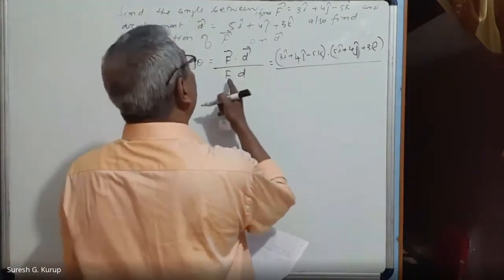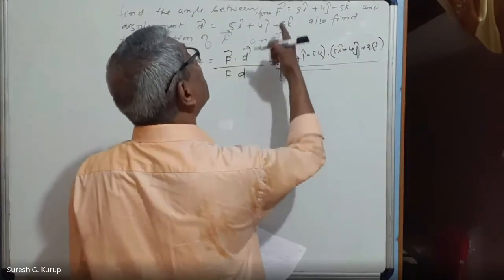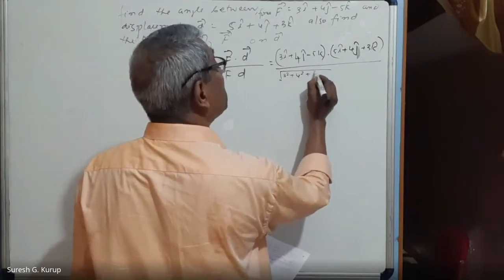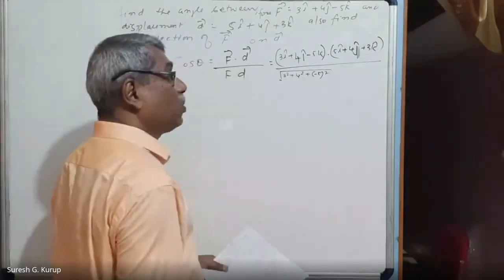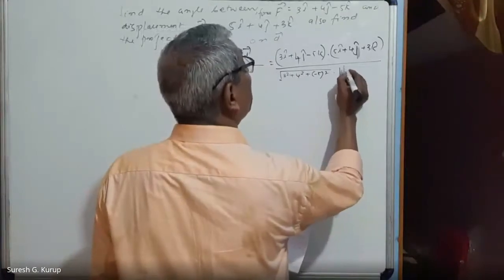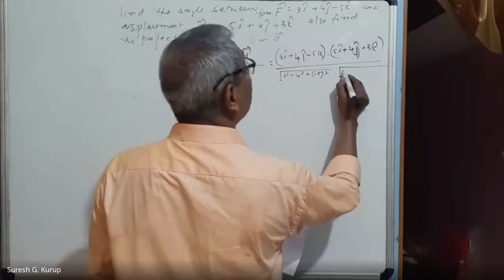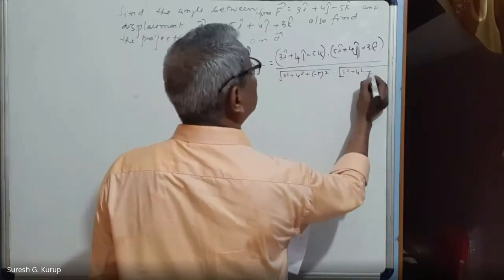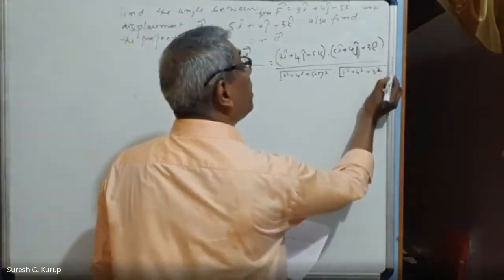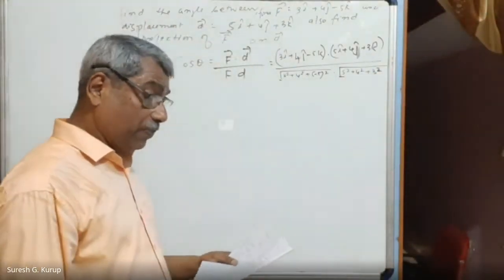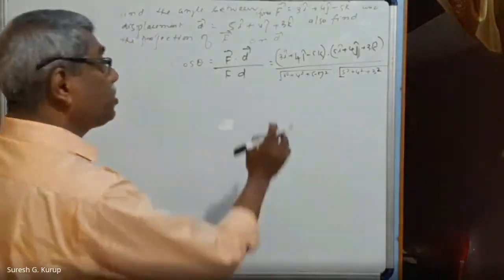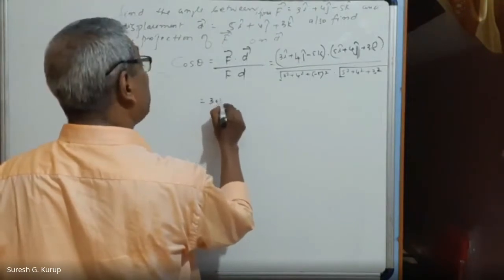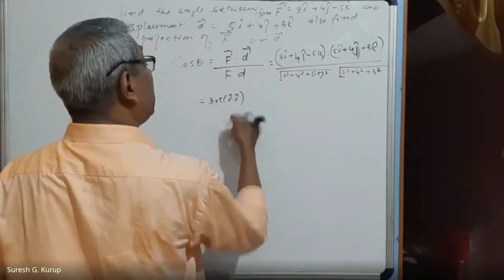The magnitude of vector f is root of 3 square plus 4 square plus minus 5 square. You will write like this only. Again, into the magnitude of vector d, that is root of 5 square plus 4 square plus 3 square, right? This is the condition. Okay, that is done. Now the numerator is 3i and 5i, so 3 into 5 into i dot i, the first part.